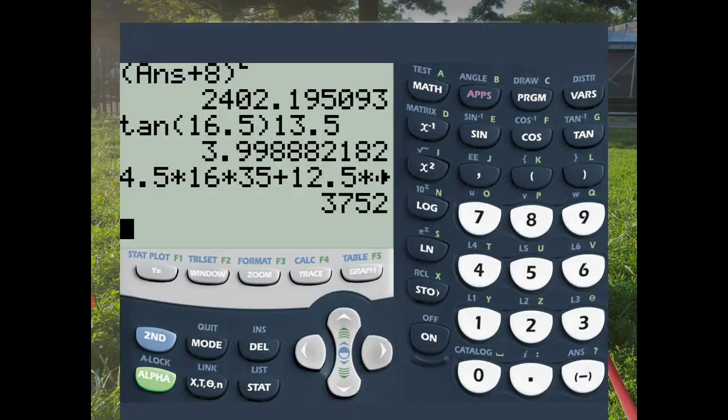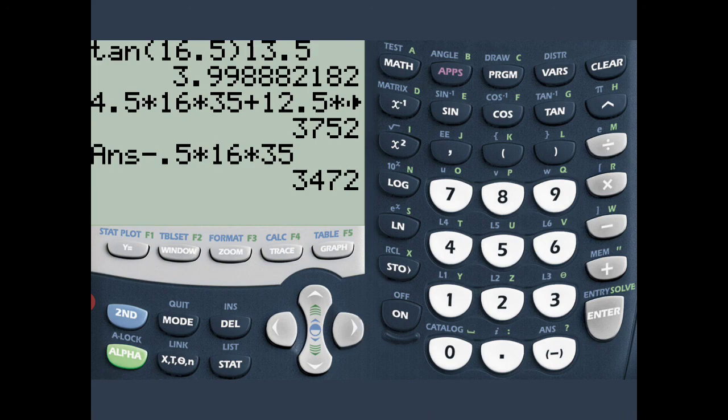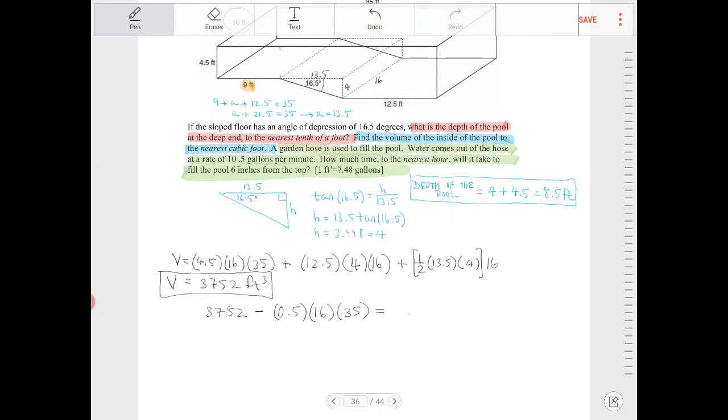So I'm going to go to the calculator. So minus 0.5 times 16 times 35. That will be 3472. This is the volume of water in the pool.